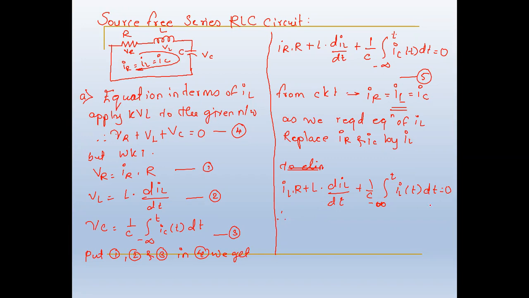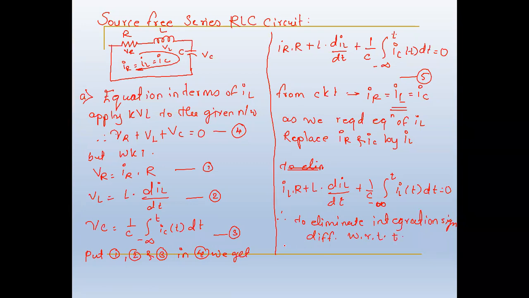Therefore, what we can eliminate in this equation is the integration sign. To eliminate the integration sign, differentiate with respect to t.